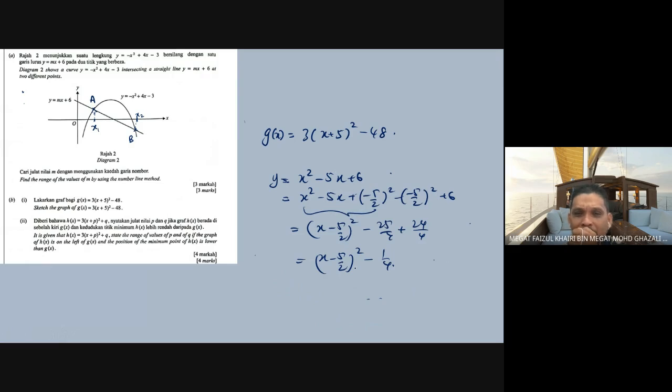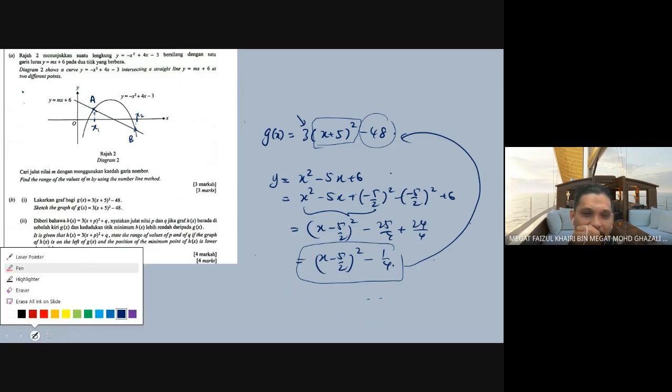Okay, so if we compare this one, but for the equation of y, the coefficient of x squared is not equal to 1. Okay, never mind. Now I get it.